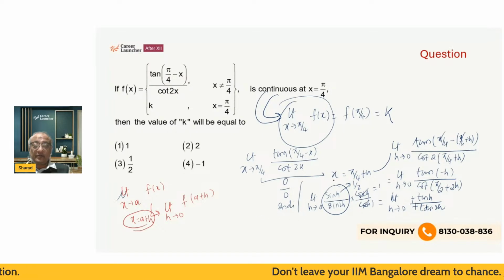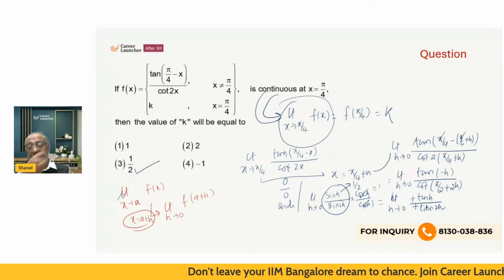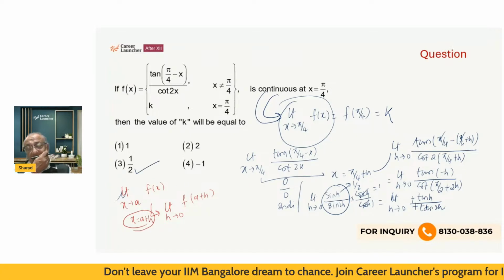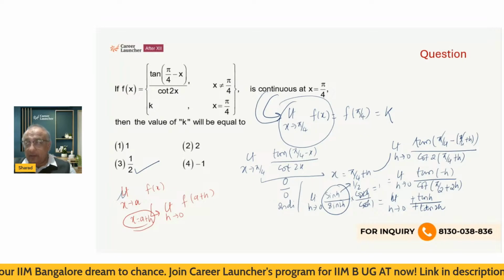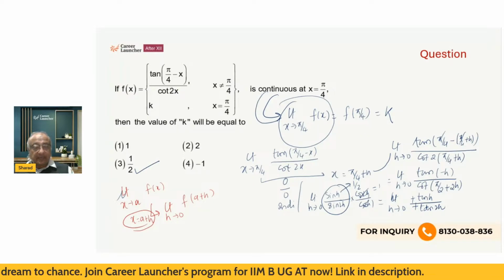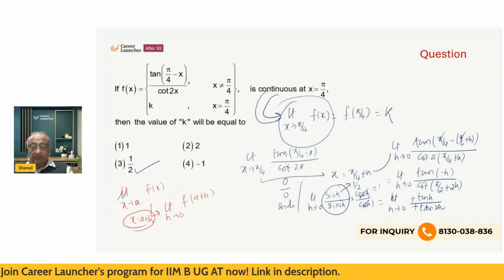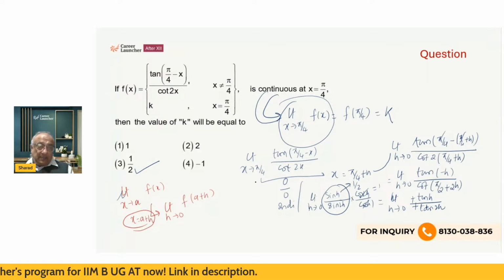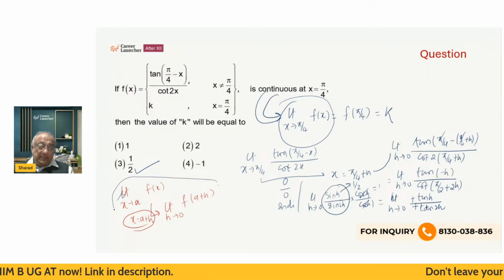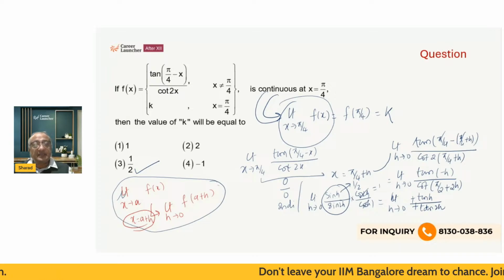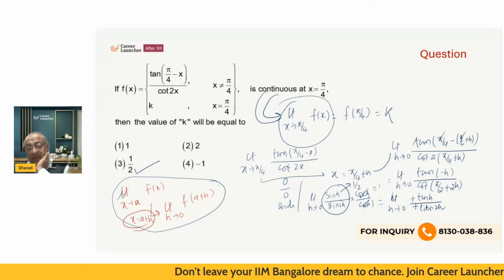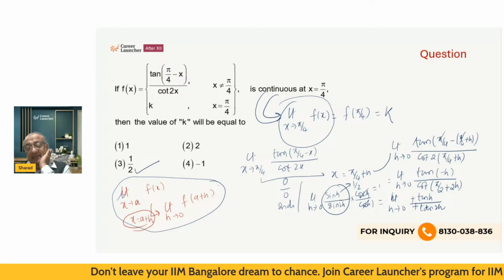Answer is in front of us, 1 by 2. Understood? Clear? So this is how we can do these kind of questions. Please, once again, make this boxed: x tends to a converted to a plus h. It will always help.